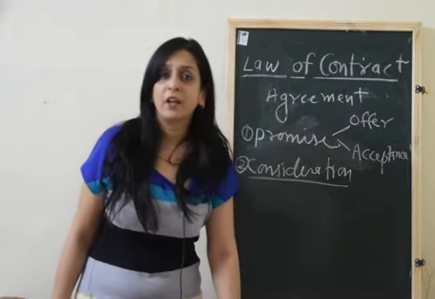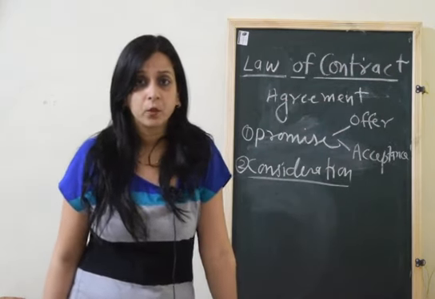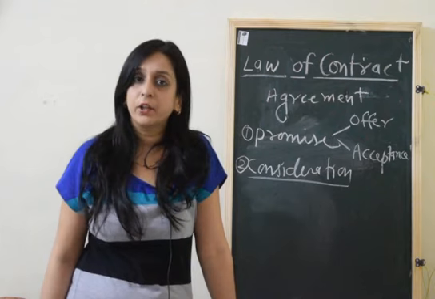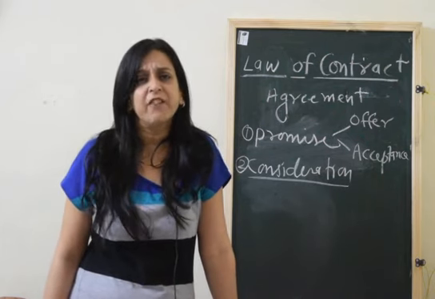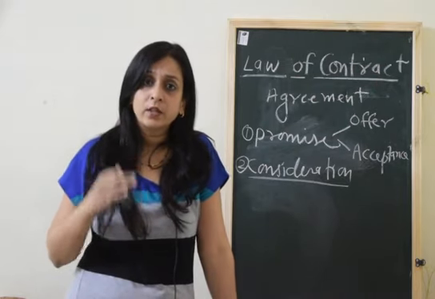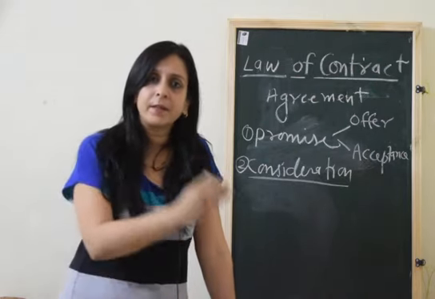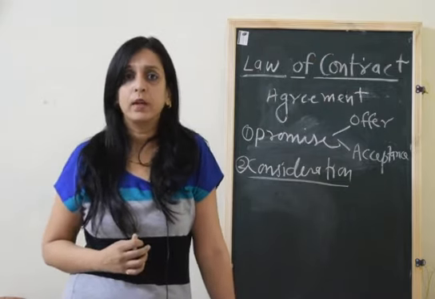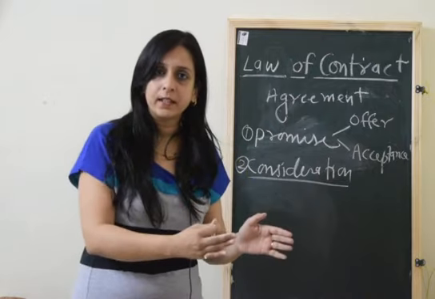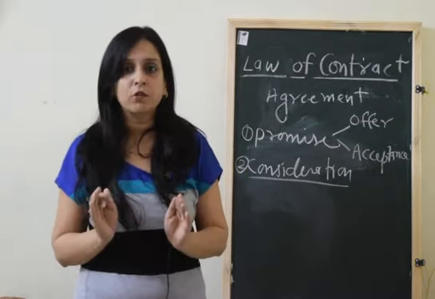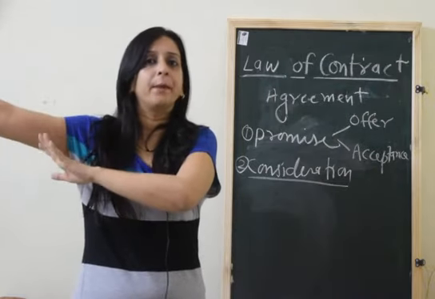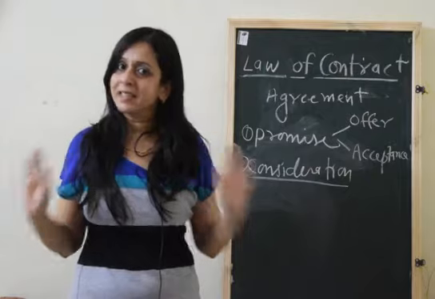For example, I offer A, I am ready to pay 50,000 rupees if he kills X. So I am paying 50,000 rupees to A, and the offer is accepted by that person. The 50,000 rupees is a consideration, and for me the killing of that particular third party is a sufficient consideration.